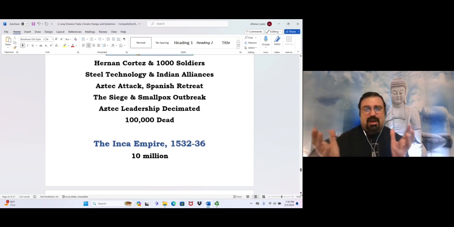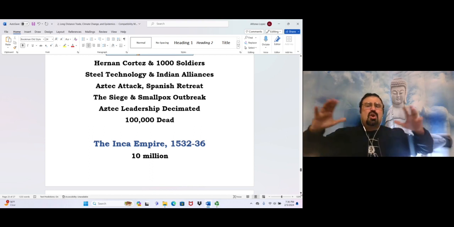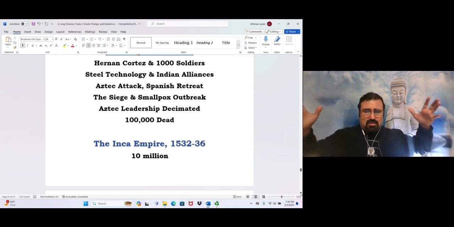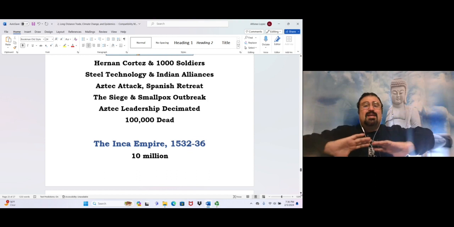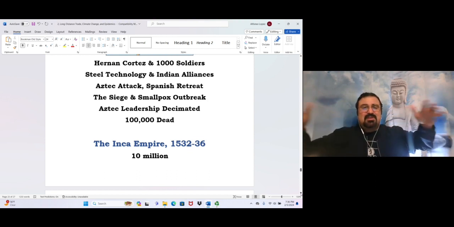Well, he was actually preparing the counteroffensive, but by the time he moved into the city, finally in 1521, the reason he was able to conquer such a large, densely populated city is because when he arrived, the Aztec leadership had already been decimated.